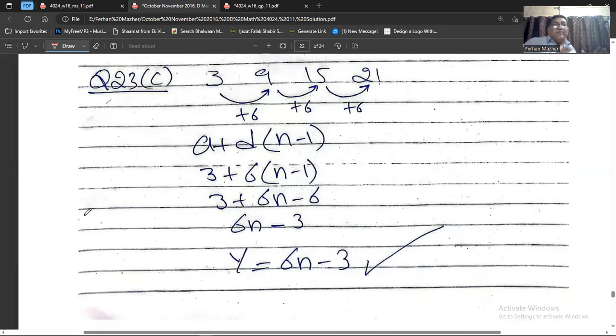So it will be a plus d bracket n minus 1. A is the first term, that is 3 here, and d is the common difference, that is 6 here. So you will have 3 plus 6 bracket n minus 1. So 3 plus 6n minus 6, and that will be 6n minus 3. So y will be equal to 6n minus 3.